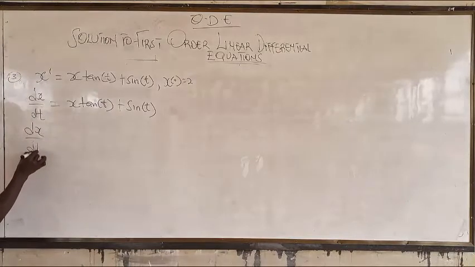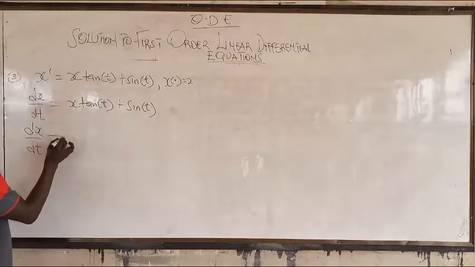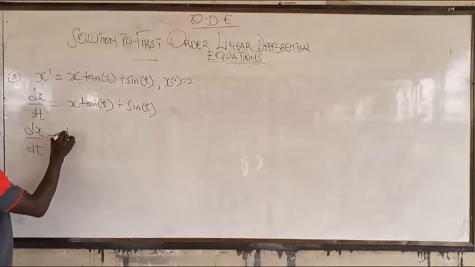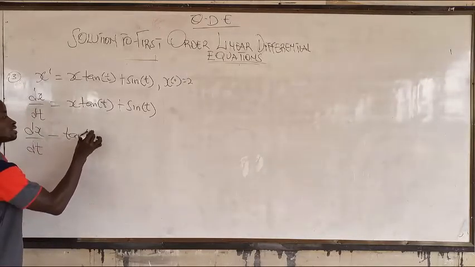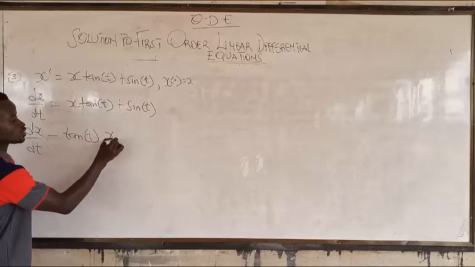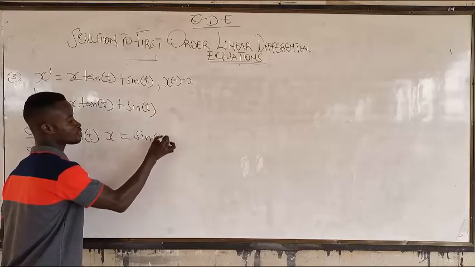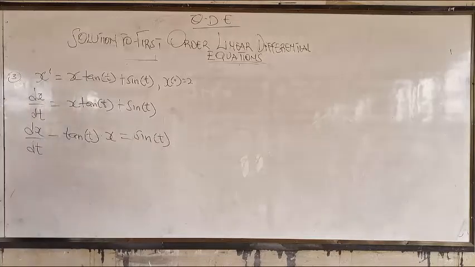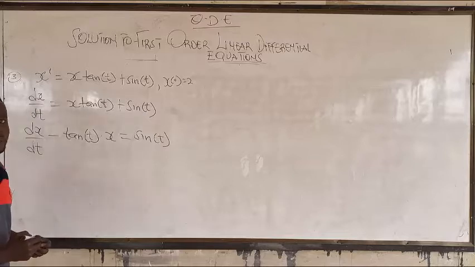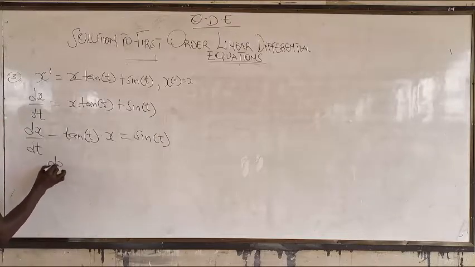So let's turn this side: minus s tan t. Then the function s will come. Then we equate it to sine t. I hope you can see that here we are in the form of a non-homogeneous equation. Therefore, we can break the homogeneous part out.